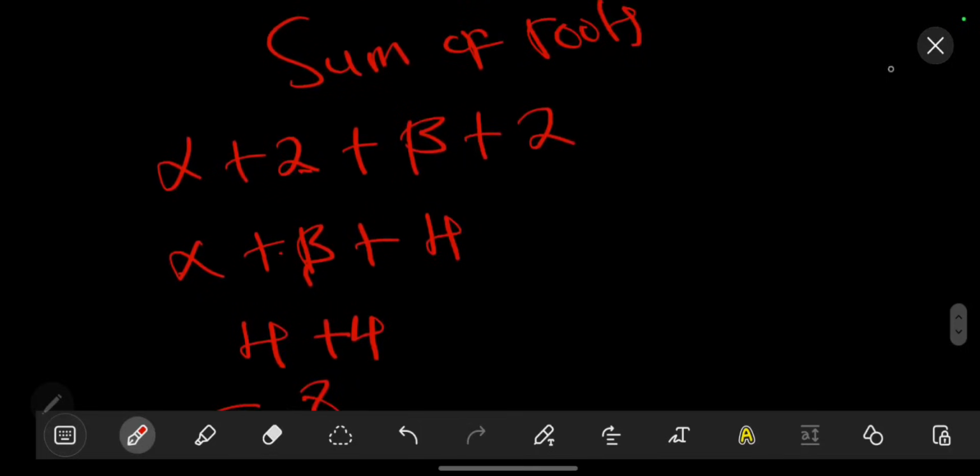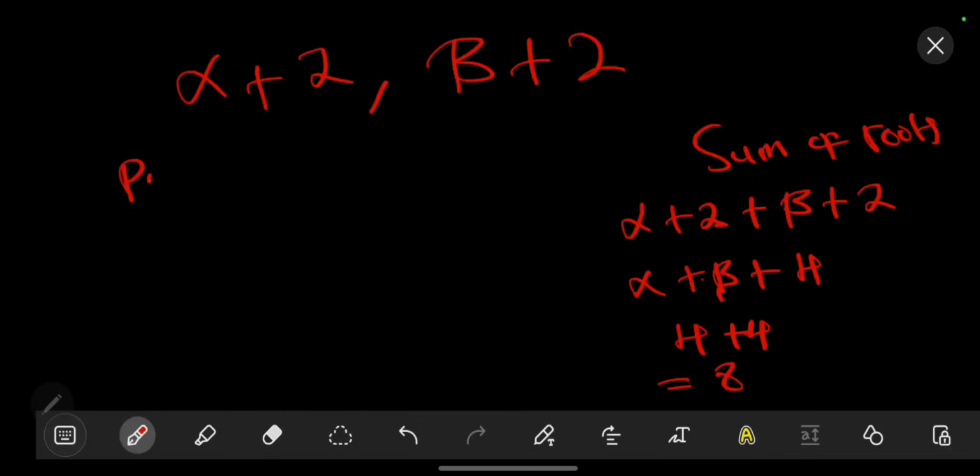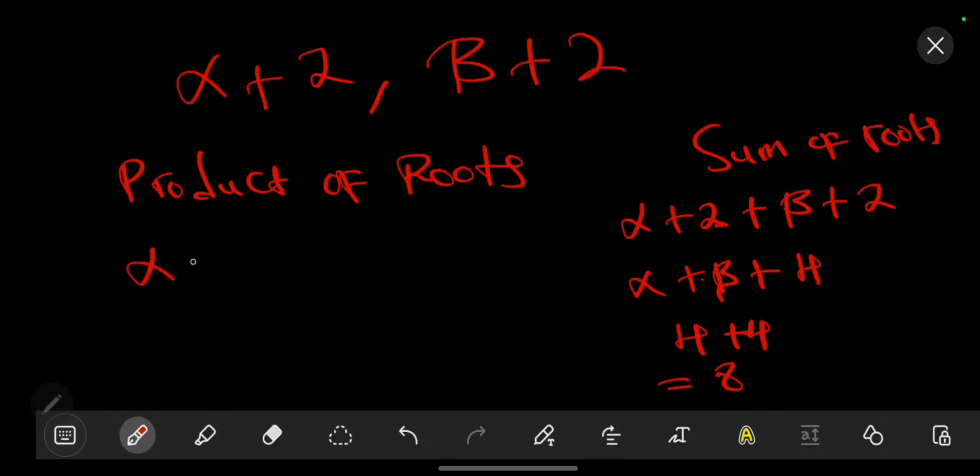So this is the sum of the roots. We are also going to take our product of roots. We are going to multiply these same roots: alpha plus 2 times beta plus 2.